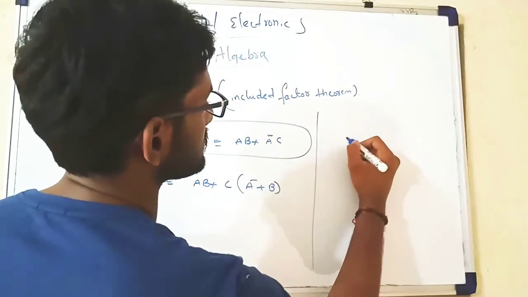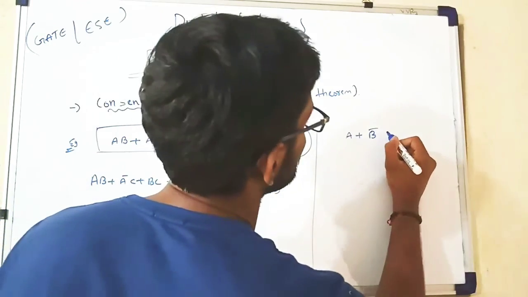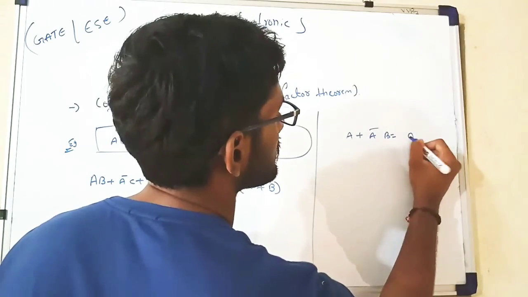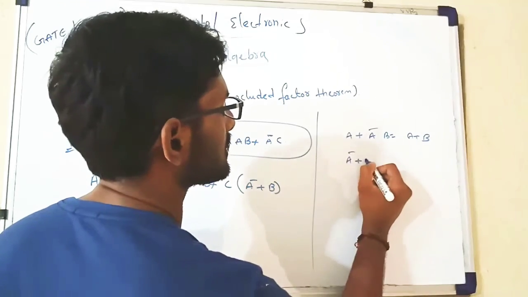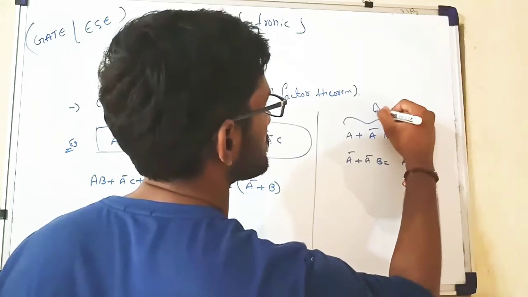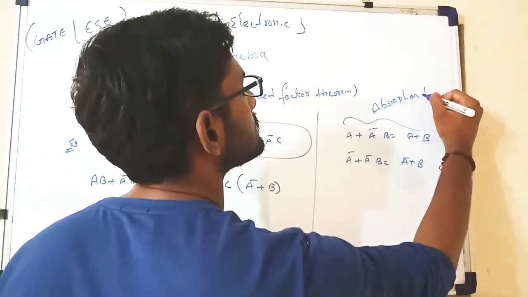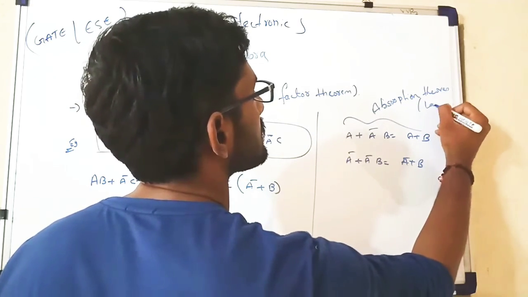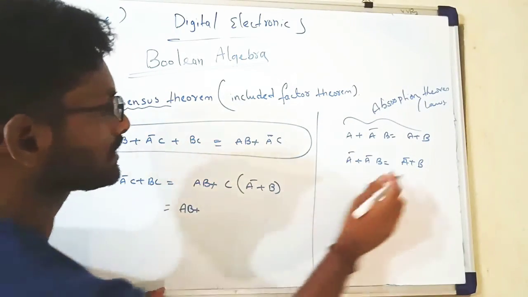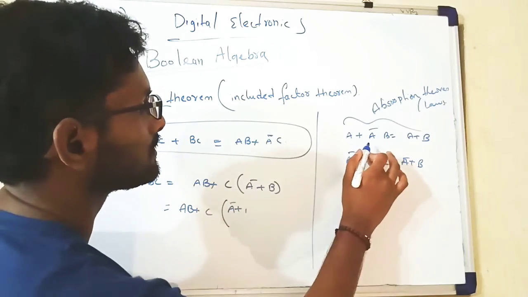Previously we have seen some results: A + A bar B equals A + B. Also A bar + AB equals A bar + B. These are called absorption laws. From this we are realizing that the expression A bar + B can be written as A bar + AB.